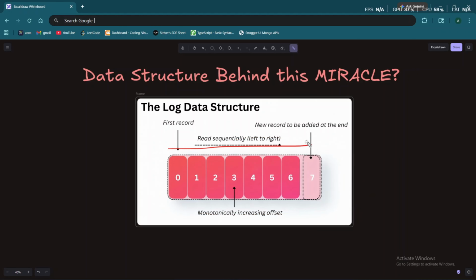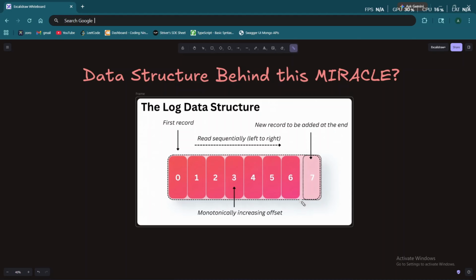We just append the incoming data and maintain a monotonically increasing offset. How these things help Kafka work behind the scenes, and how the producers and consumers work, I will let you know in this Kafka series.